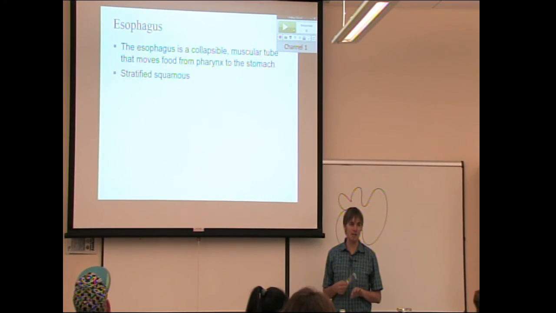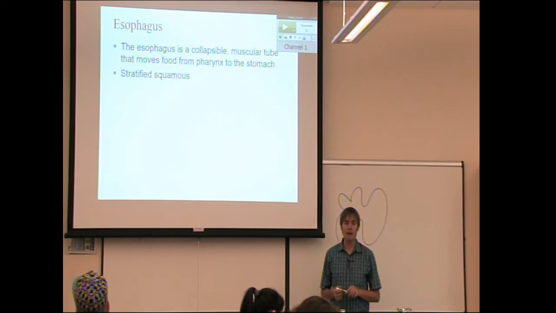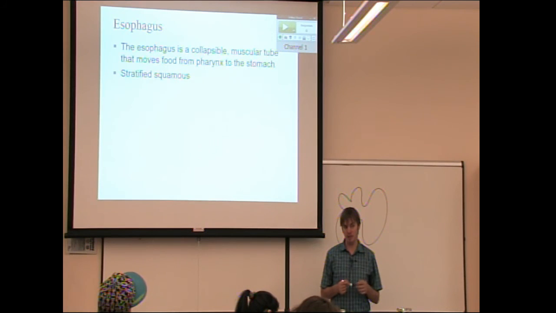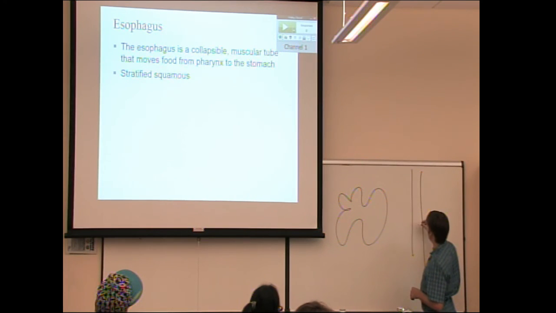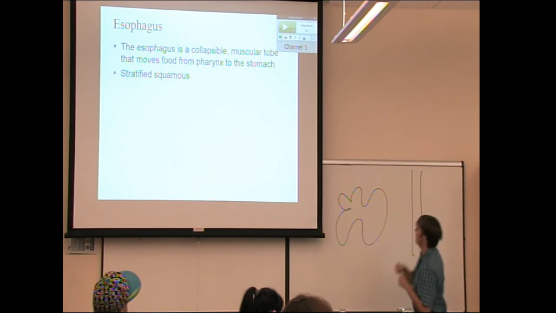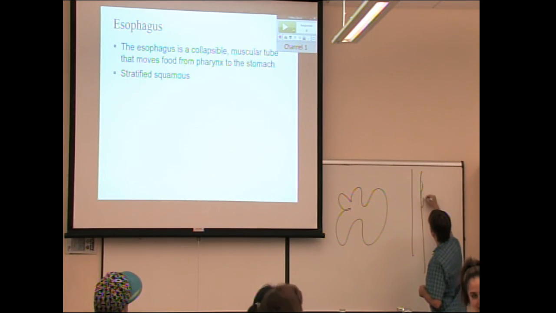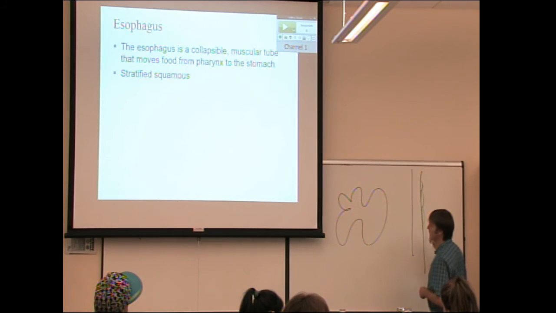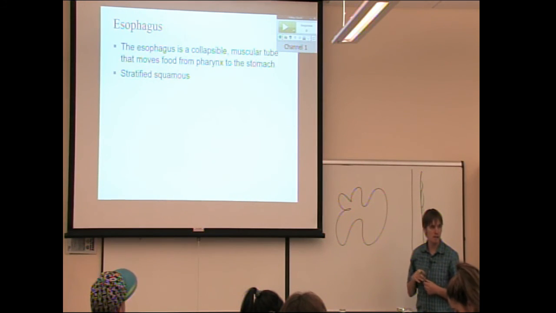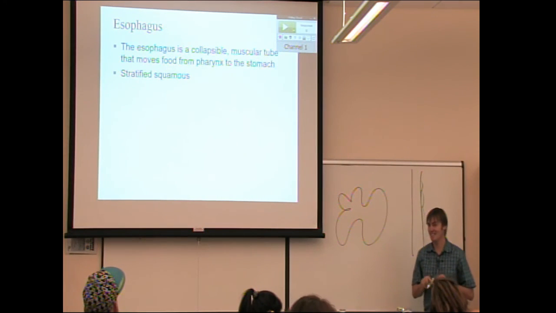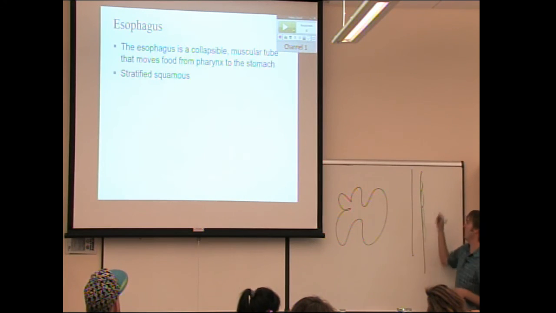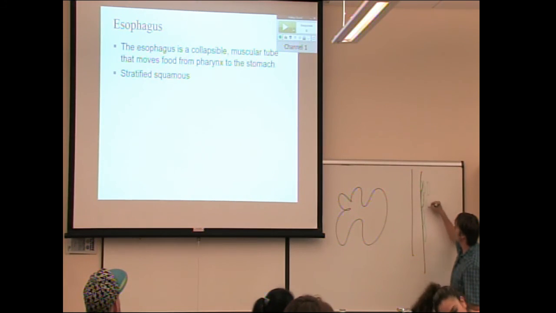Squamous means like a flat little pancake, very thin. If you looked at it from above, maybe it would look like a square. So if that's your esophagus, you've got these long, narrow little pancakes. And what does stratified mean? Layers. So you don't just have one layer of little squamous cells. You've got 20 layers.